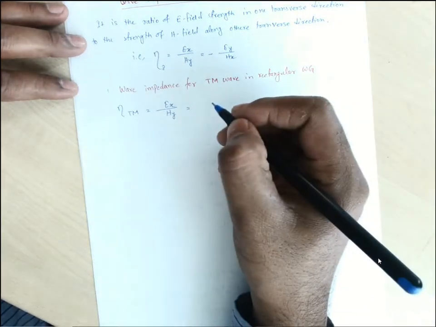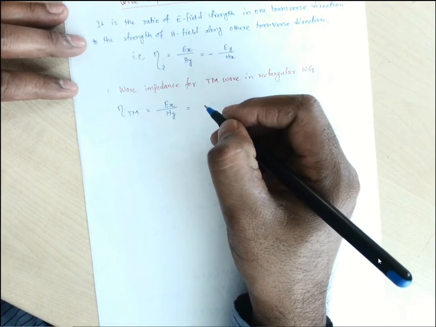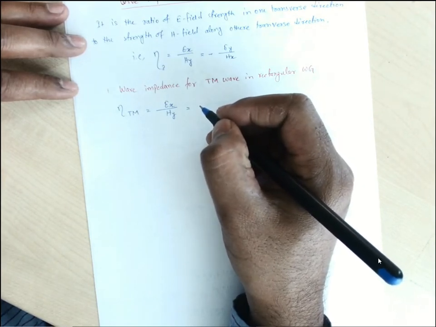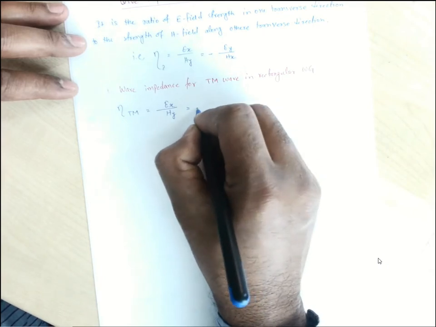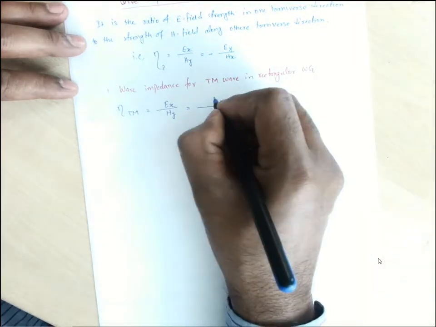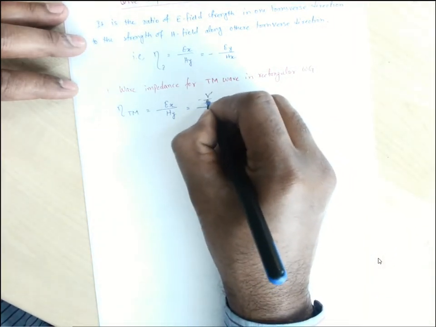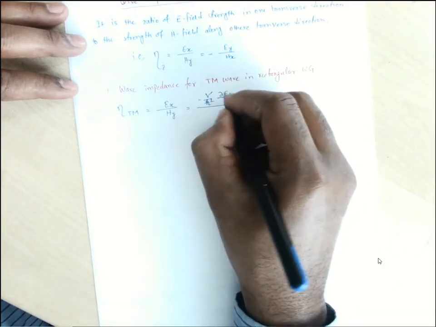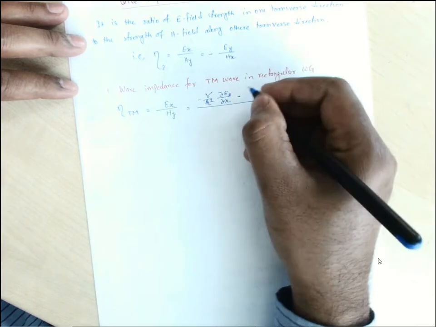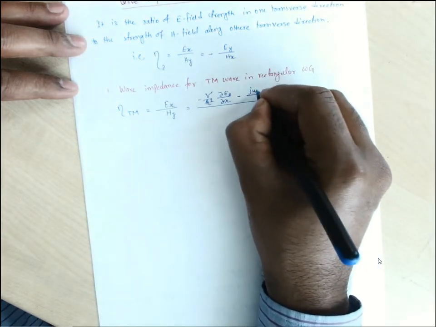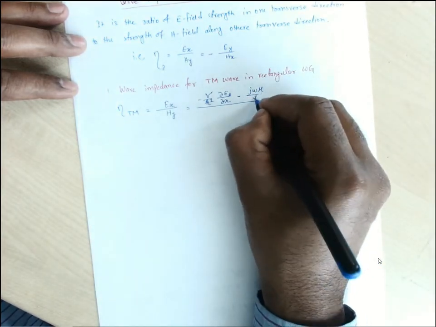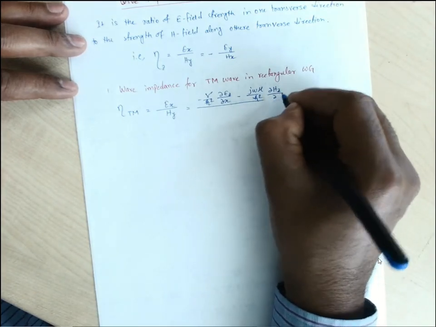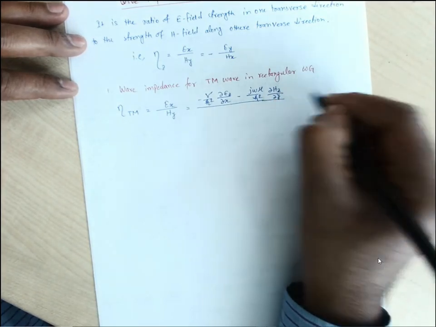Now let us put in the generalized expressions for Ex and Ey, considering the wave is propagating along the z direction. That is minus gamma by h square del Ez by del x minus j omega mu by h square del Hz by del y.